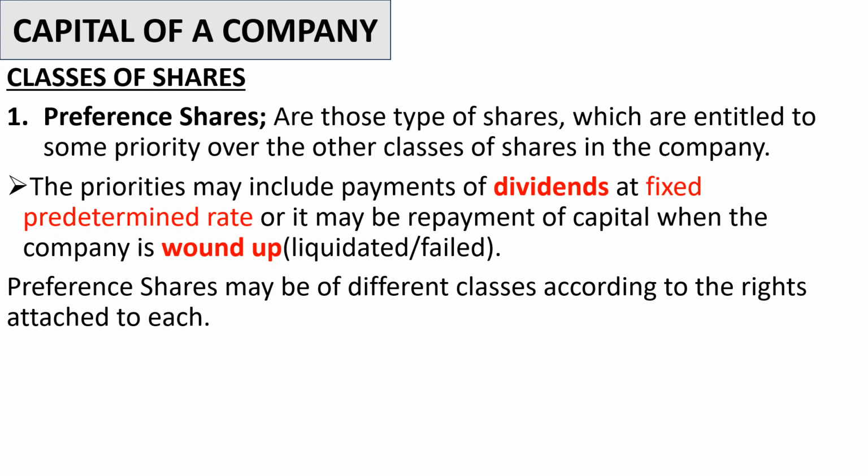So those are the special types of priority. You get back your investment if the company fails, and the company is going to get your money from the remaining assets. Those are special types of conditions that may be attached to preference shares.